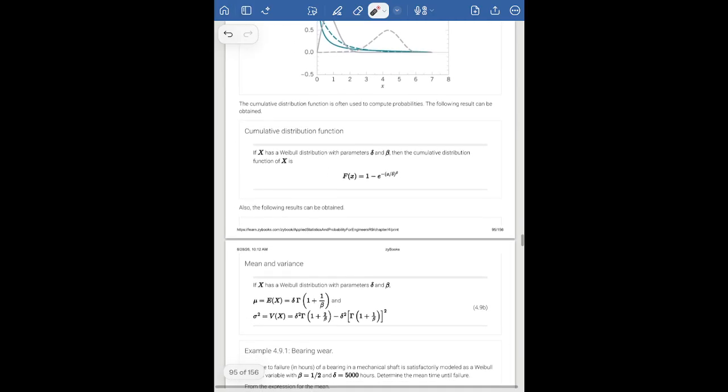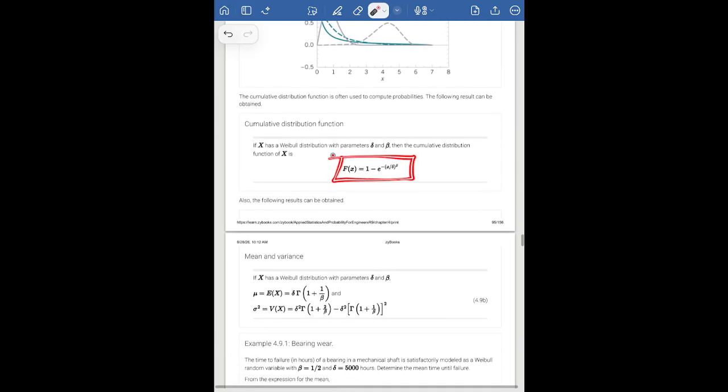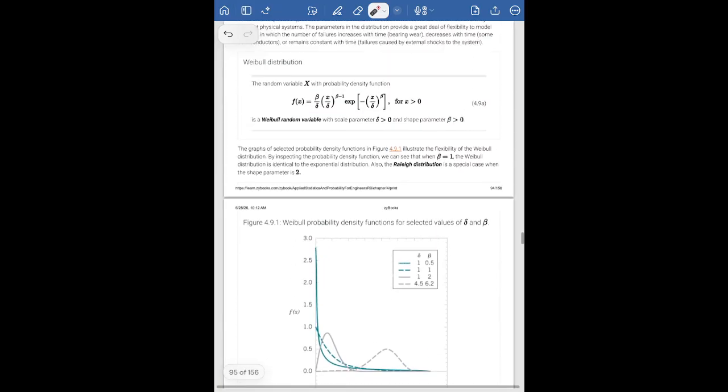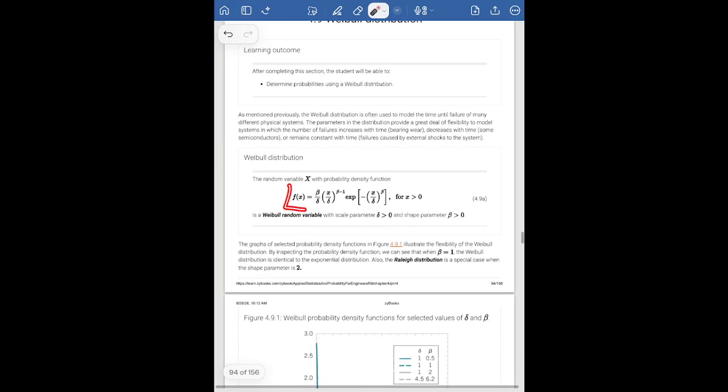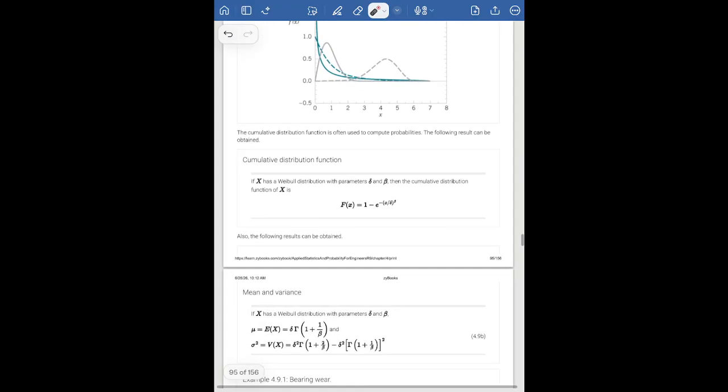Okay. Cumulative distribution function. If you integrate that function that we had from before over all of its values, of course, you get 1. But if you go to an unknown x and you don't know necessarily where it's going to stop, then you actually get that function here, that CDF.